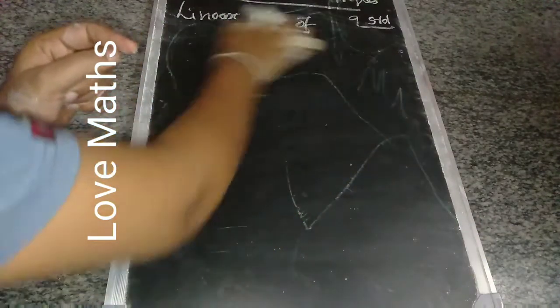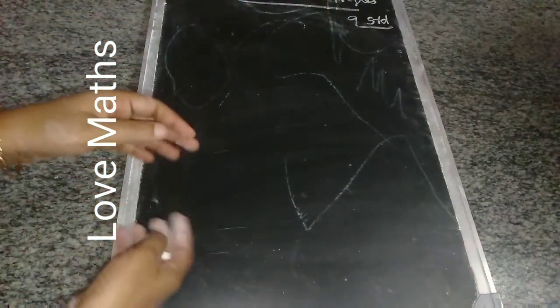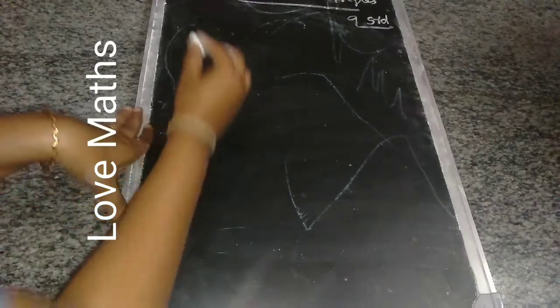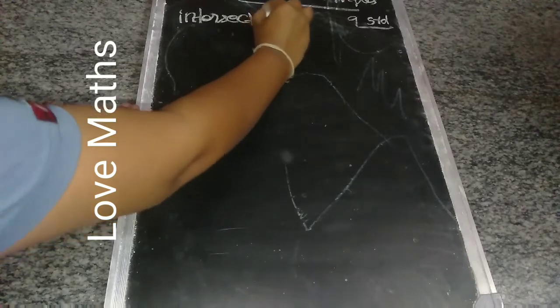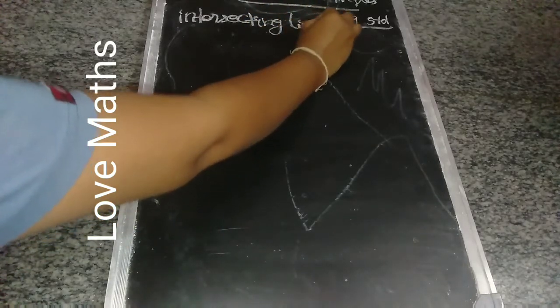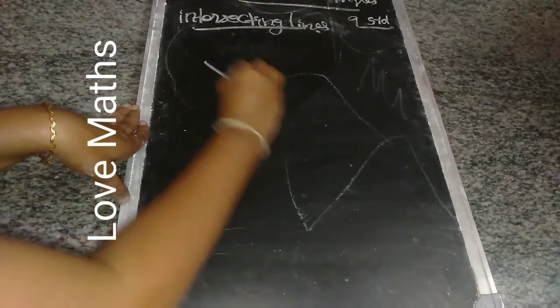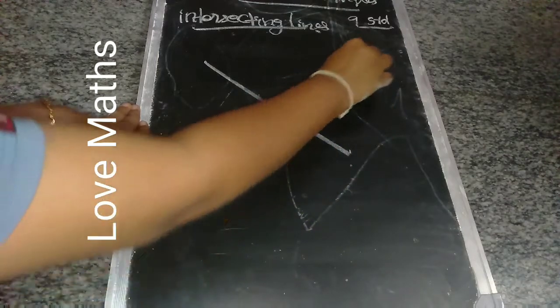Next, lines. We are talking about lines now. Intersecting lines. Intersecting means at least two lines. For example, the two lines are intersecting each other.